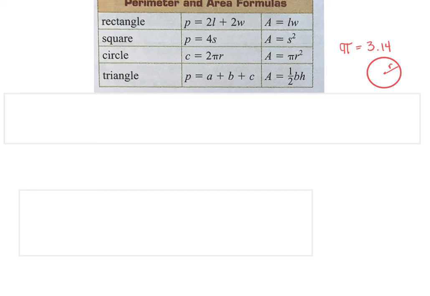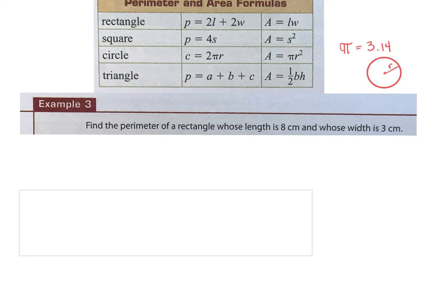Example 3. It says, find the perimeter of a rectangle whose length is 8 and whose width is 3. So they have given me the L and the W, and they want me to find the perimeter. So what I'm going to do is plug it in. My formula is 2 times L plus 2 times W. So I'm going to take this 8 and plug it in for L, and then take this 3 and plug it in for W. And then I am just going to do order of operations.